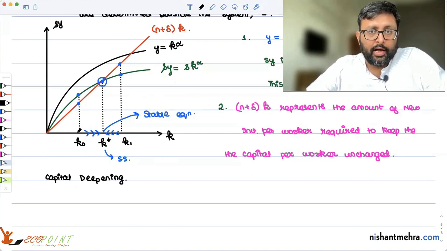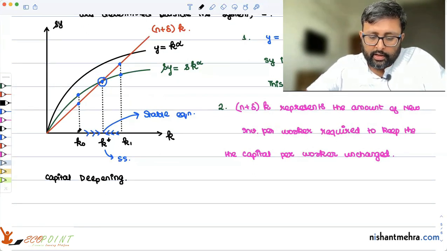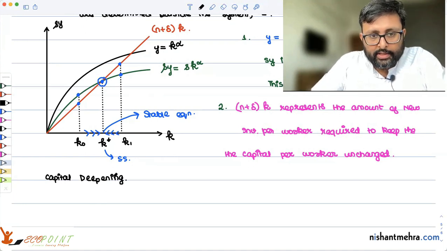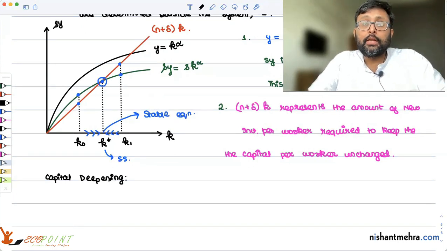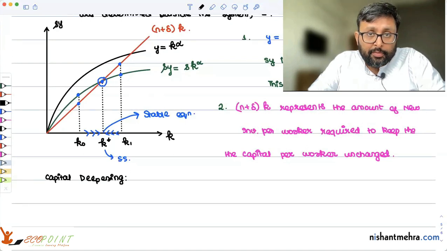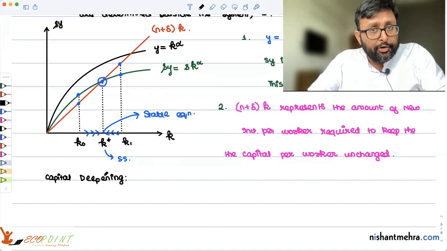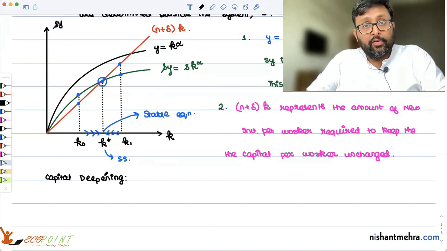So every worker now has more capital with him. When the number of machines you add per worker is more than the number of machines you need to add per worker, then every worker has more machines with them.